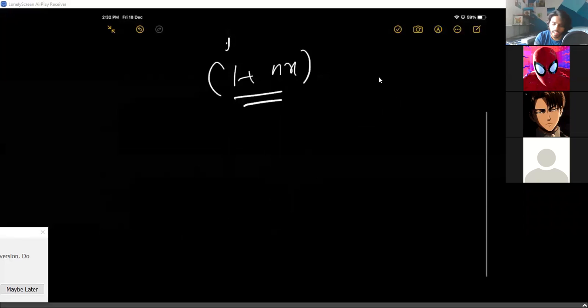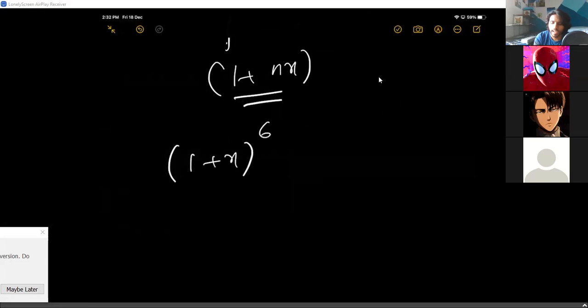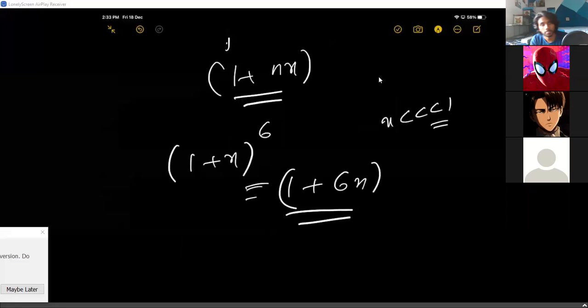It's like if I have 1 plus x power 6, and x is very, very small compared to 1, I can write this as 1 plus 6x. The value is 1 plus 6x. We can do that.